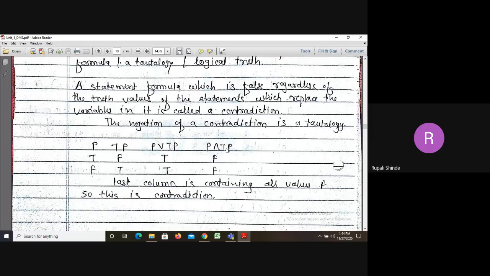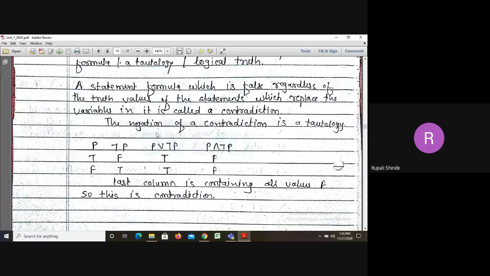Now for P and negation P. For this AND operator or this conjunction, if both the values are T, then only the final value is T. Otherwise it is F. But check here: TF, F; FT, F. Because no combination is containing both values T. That's why all the values are F here.